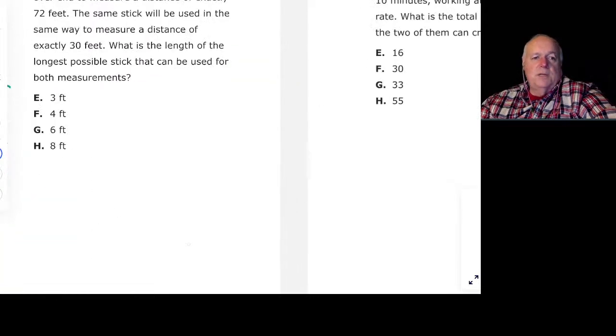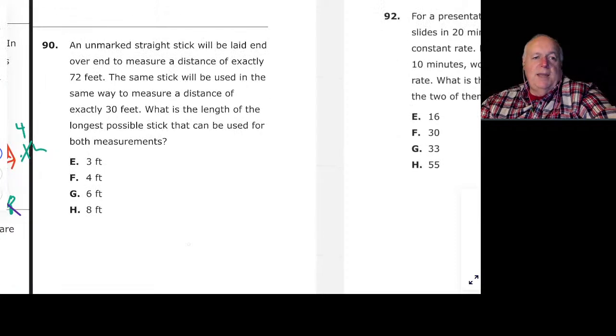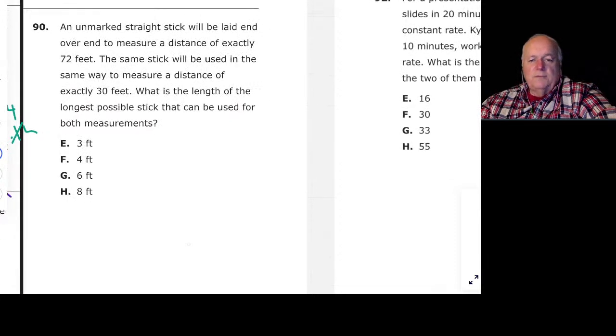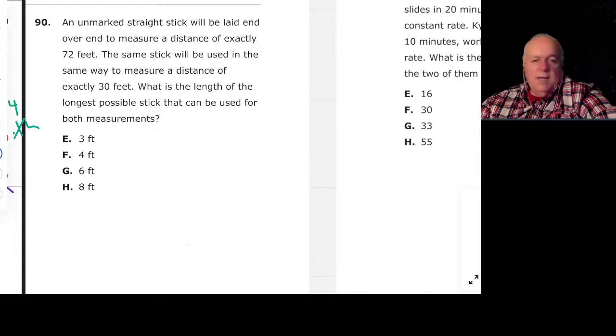Okay, an unmarked straight stick will be laid end to end over a distance of exactly 72 feet. So basically we're going to start here.